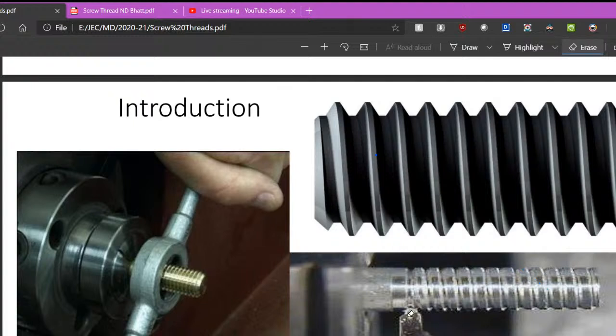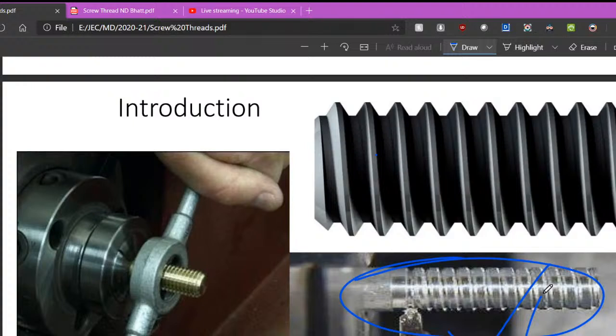There are two ways to form the screw thread. First, you rotate the workpiece or cylindrical bar on the lathe machine and then feed the tool against the workpiece. This is done for larger size workpieces. If the diameter is large, then we use a lathe machine or turning machine.